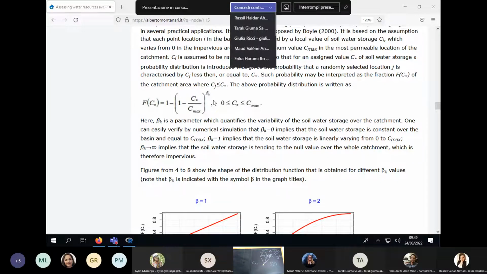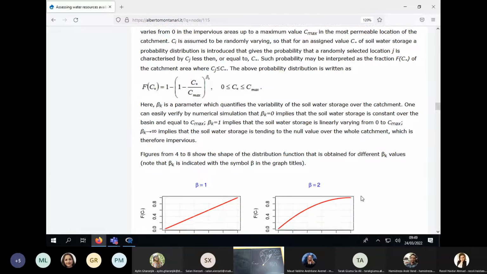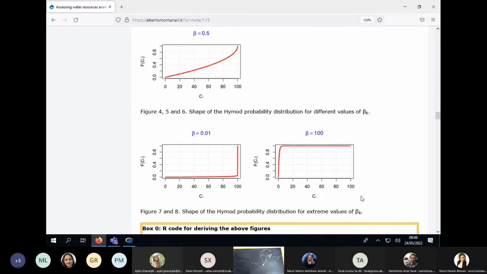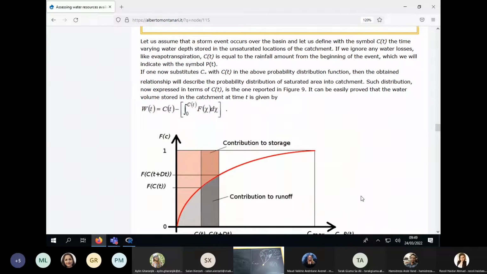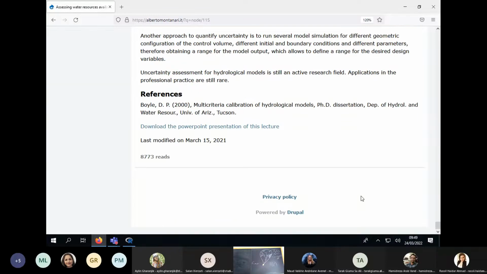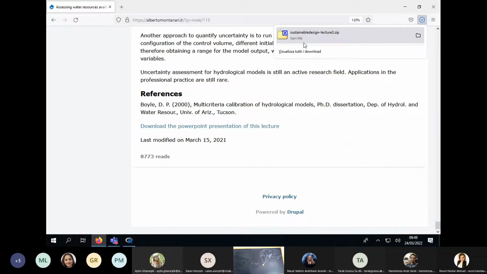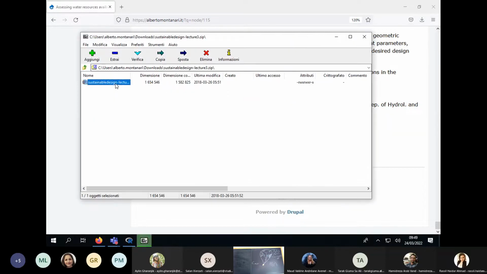Okay, now we have to apply it. Let me go down in the presentation, and let's see what happens when a storm occurs over the basin. Let me just check. I think I have a PowerPoint presentation, yes, which is nicer to use.